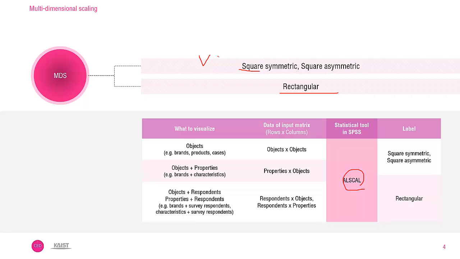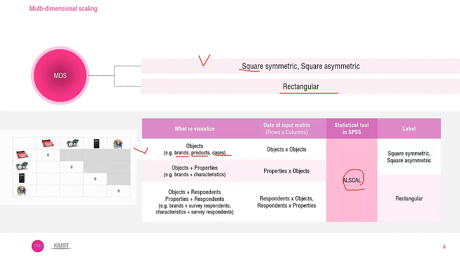What it actually implies is that the contents of rows and columns are identical. Therefore, when you visualize objects such as brands, products, or cases, you can have an input data matrix that consists of identical objects in both row and column.